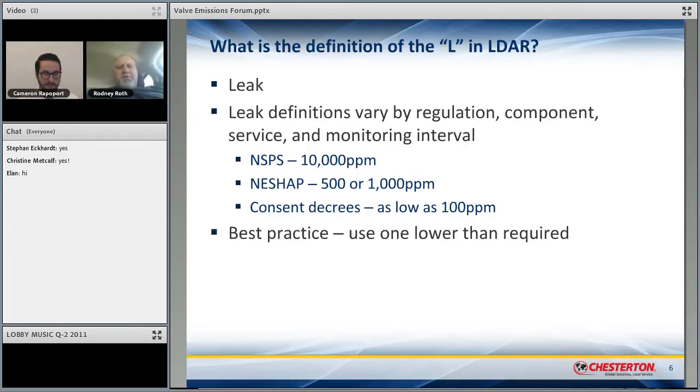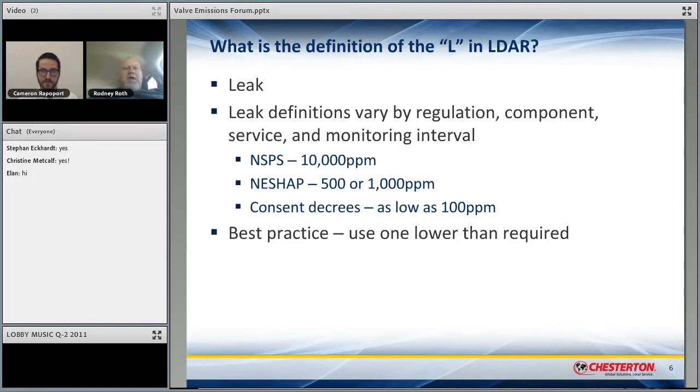Well, the definition of a leak is always going to be dependent upon what the company has defined in their own LDAR program, which is initially considered voluntary, or if they are in what is called a consent decree, where they have signed documentation with the U.S. EPA to do things after being fined to reduce those fines.